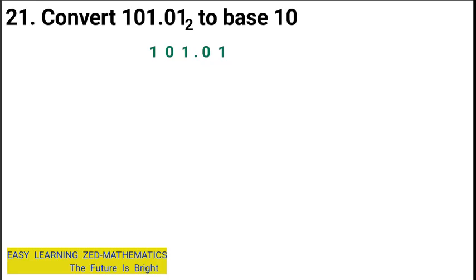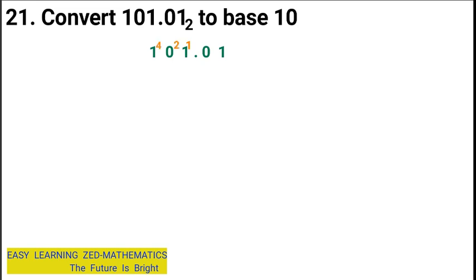What is the place value of that 1 on the left side? It's ones. Then the next digit, 0, has place value 2s, and the 1 at the end has place value 4s.